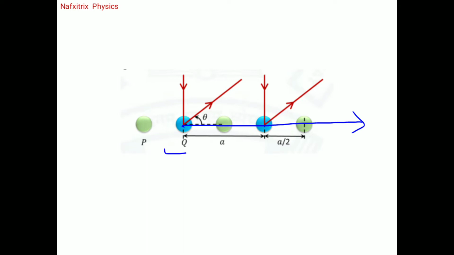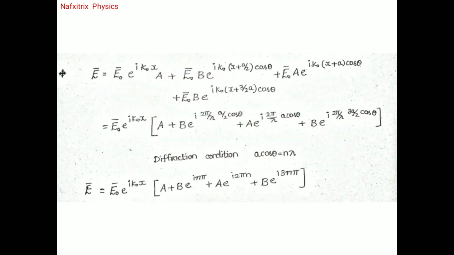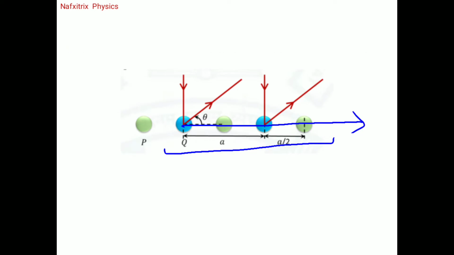Because of e power i k dot r, the formula for the electric field amplitude could be written as E equals E naught into e power i k dot r, where r is nothing but the position vector. So first of all we need an idea of the position vectors, that is, which atom is at which position. So we will take atoms from here to here as given in the diagram.